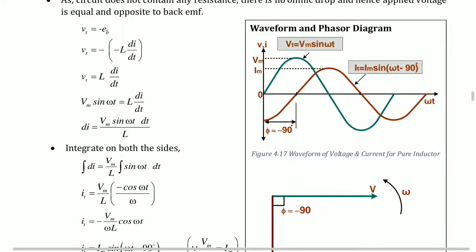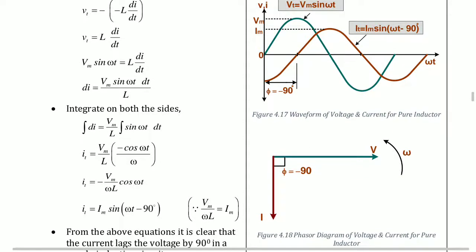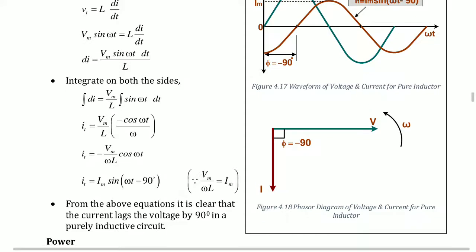Integration of di is I. Vm by L is a constant, and the integration of sin omega t dt is minus cos omega t by omega. So the current is minus Vm by omega L cos omega t.